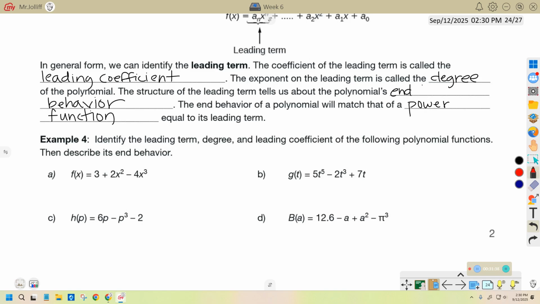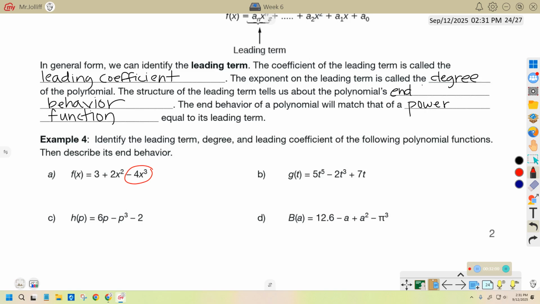A says f of x equals 3 plus 2x squared minus 4x cubed. That is not in general form. So I need to search for the biggest exponent. And I see the biggest exponent is in its last term. So that is the leading term in general form. That's the one I'm interested in.